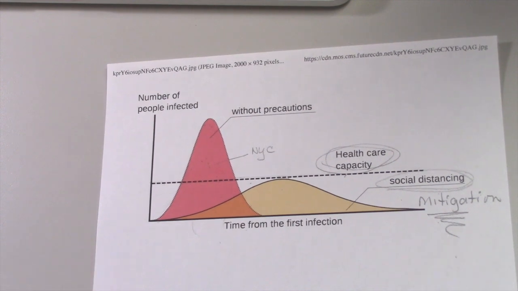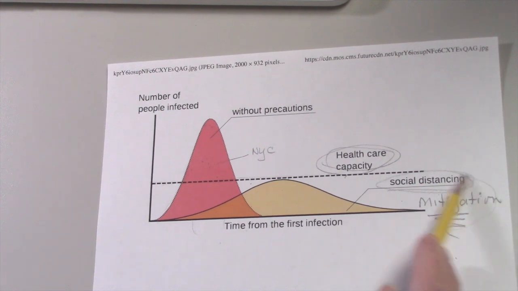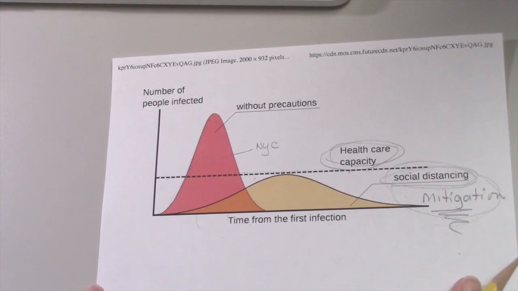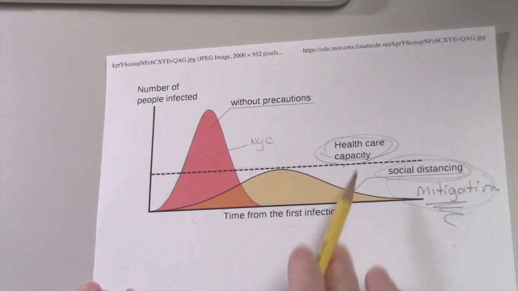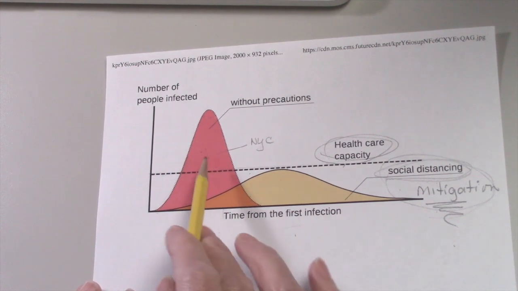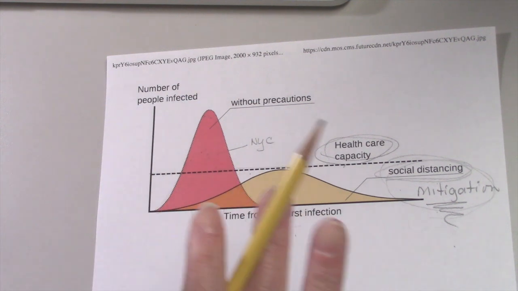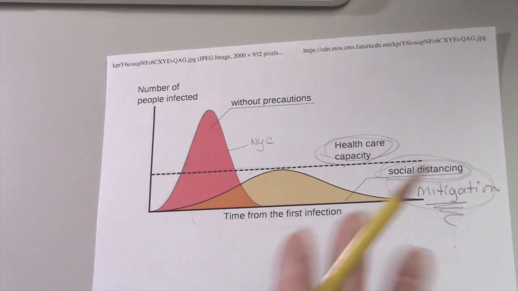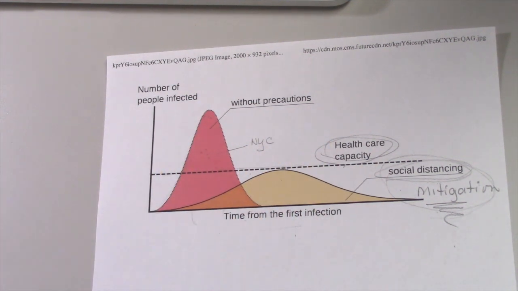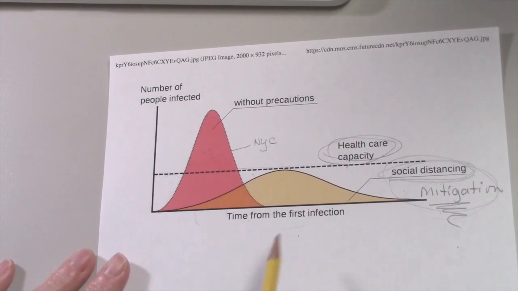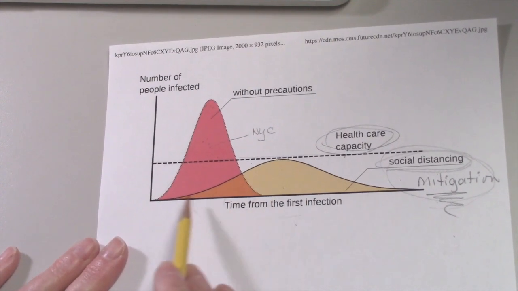So now we're at a point like, okay, do we loosen up and let ourselves relax and come back out and be more social again and run the risk of this thing going crazy again? Now, in the meantime, people that did get sick and have the antibodies and all that other science behind that, that's a whole other, different part of this. But this is what they meant by flattening the curve.